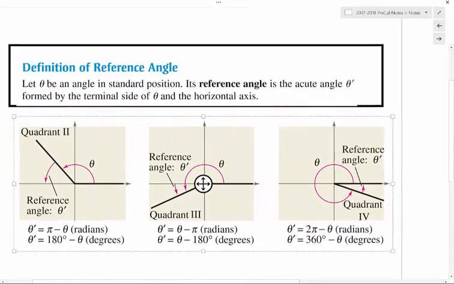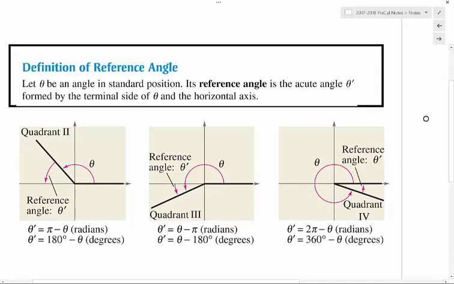Now, the definition of a reference angle. A reference angle is the acute angle that is formed by the terminal side of your angle and the horizontal axis. So I've given you 3 examples here. If I were to draw this angle here, being theta, the reference angle is the one that basically forms a right triangle with the horizontal axis.